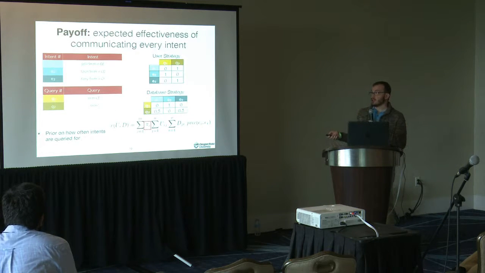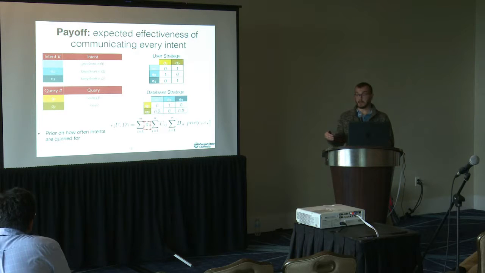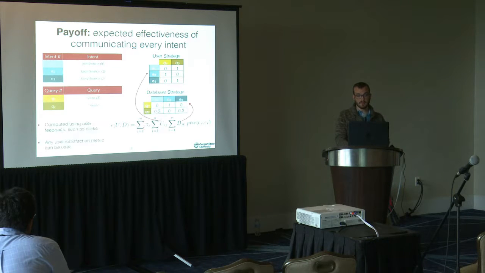Okay, so we have these two strategies, the user strategy and the database strategy. To evaluate them, we have a payoff function which calculates the expected effectiveness of communicating all of the intents correctly. Here is our formula for the payoff. This pi represents the prior over the intents, so that's the probability that a particular intent will be queried for.